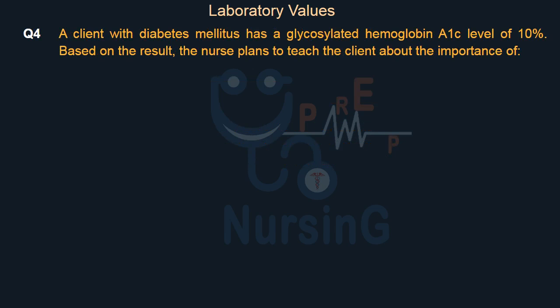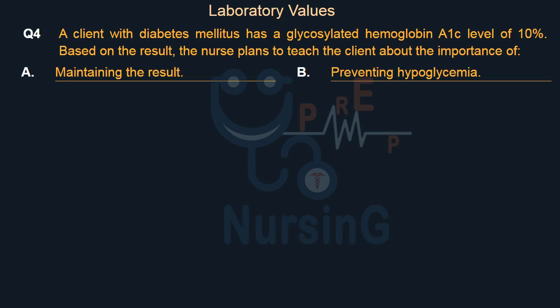A client with diabetes mellitus has a glycosylated hemoglobin A1C level of 10%. Based on the result, the nurse plans to teach the client about the importance of: Option A, maintaining the result. Option B, preventing hypoglycemia. Option C, preventing hyperglycemia.